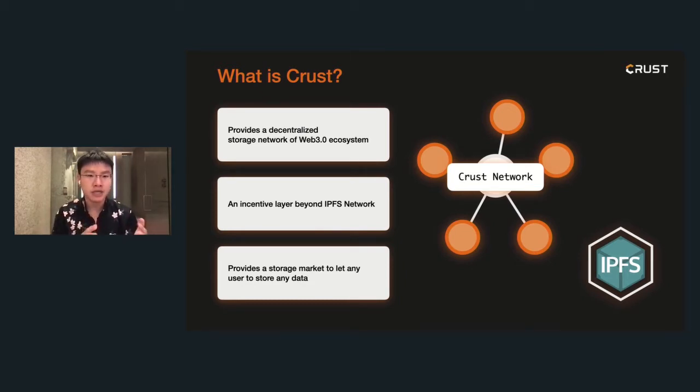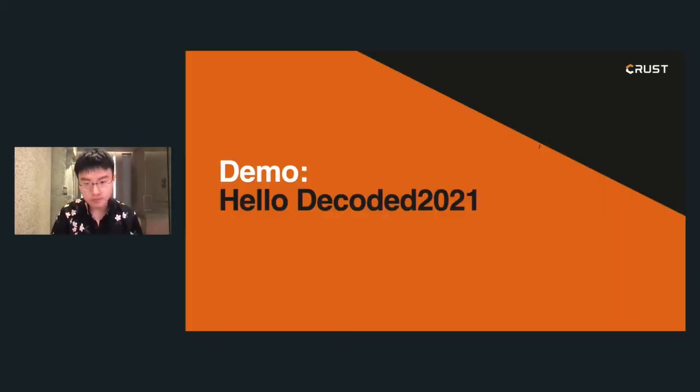Simply put, Crust encourages users to provide their personal computers' storage resources and gain blockchain rewards. Beyond this, Crust already provides a usable and runnable storage market to let any user store any data, and it is already live on the Crust Maxwell preview network.